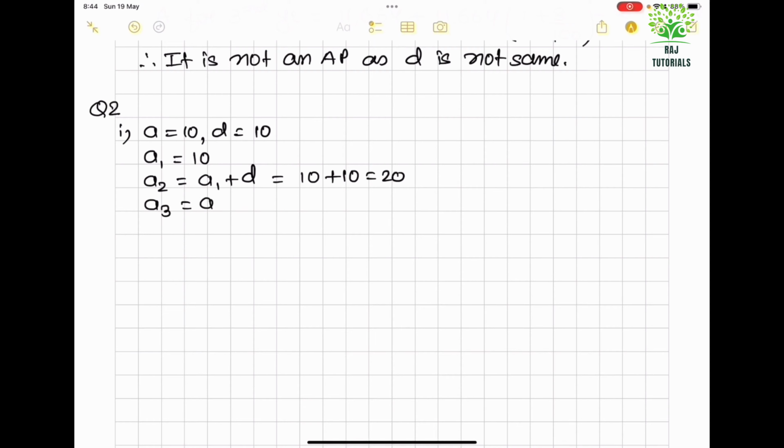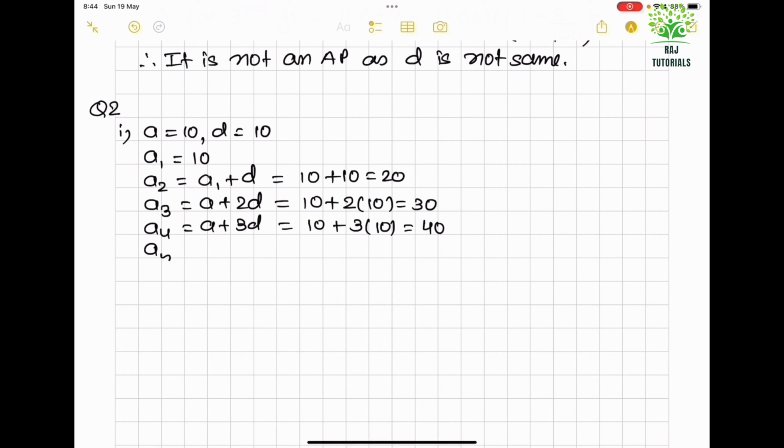A3 will be A plus 2D, so 10 plus 2 into 10, so 30. A4 will be A plus 3D, so 10 plus 3 into 10, so 40. A5 will be A plus 4D, that is 10 plus 4 into 10, so 50.